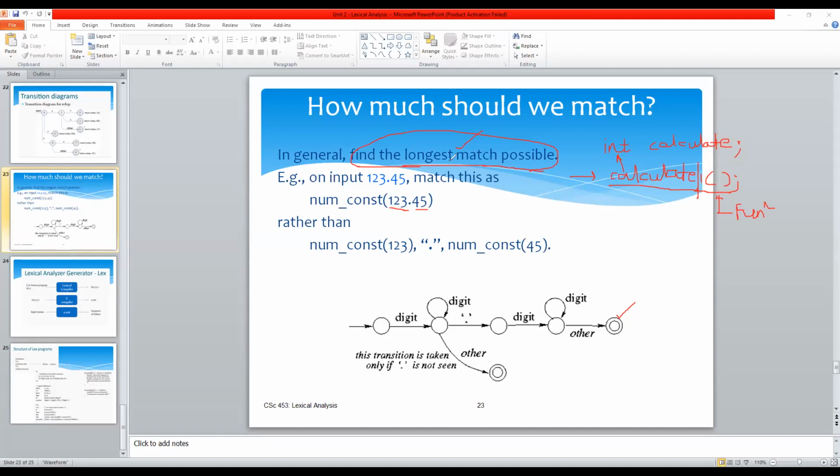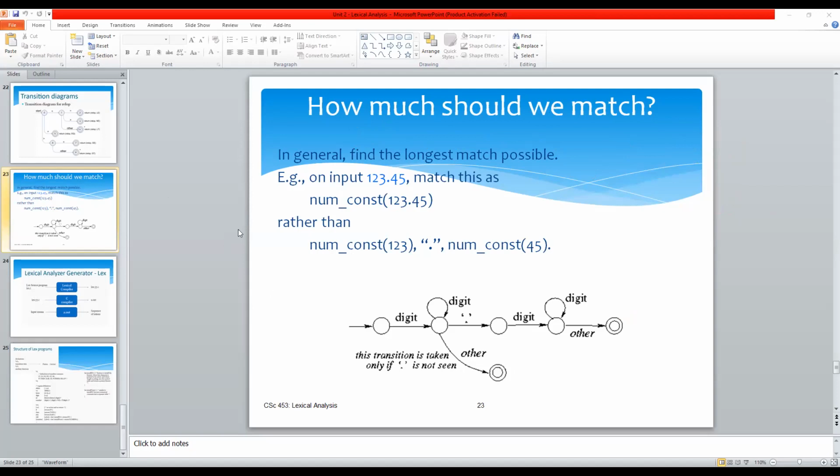And the third is we should go with the longest match so that we can get the desired output. So these three things we have considered while dealing with finite automatas and design of the lexical analyzer.